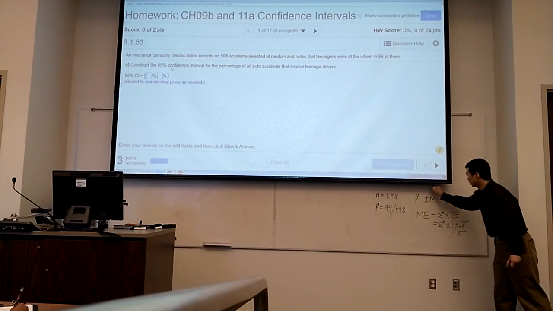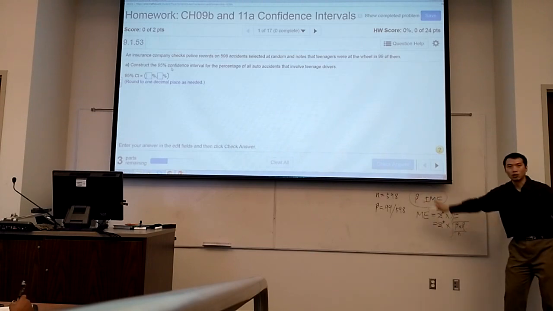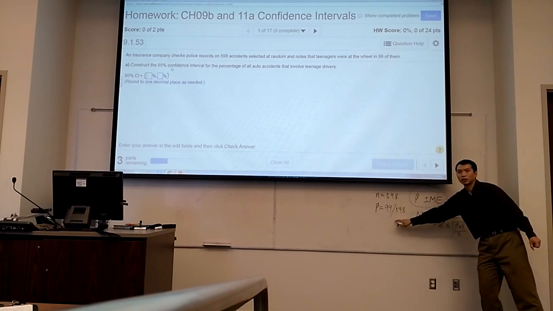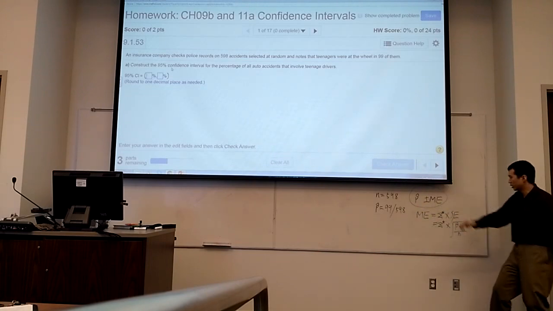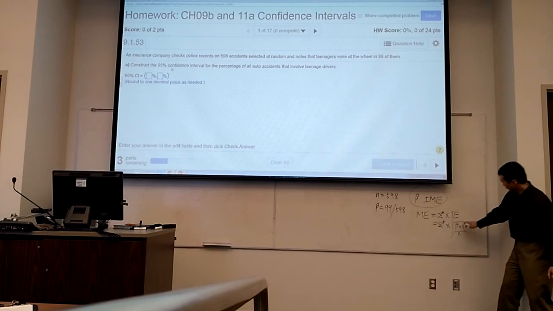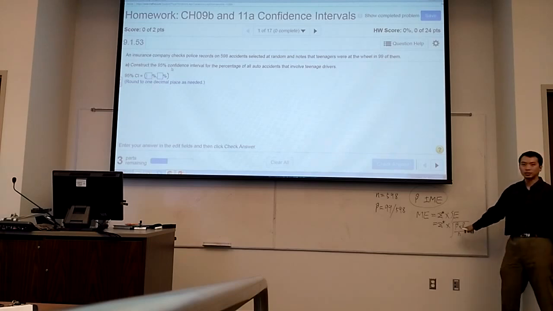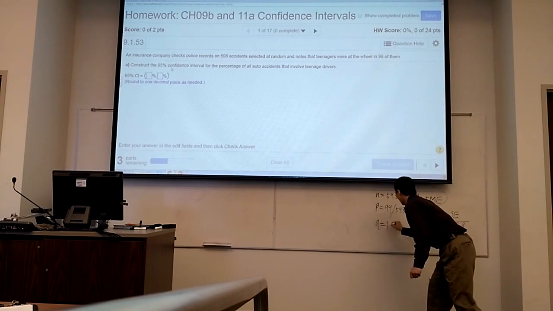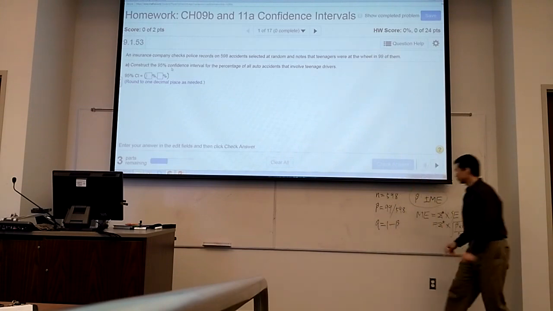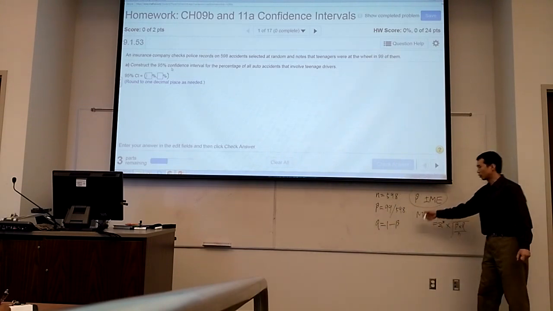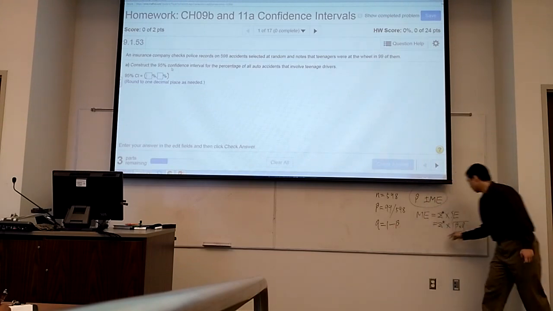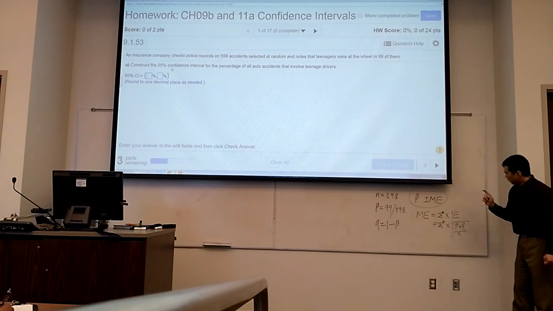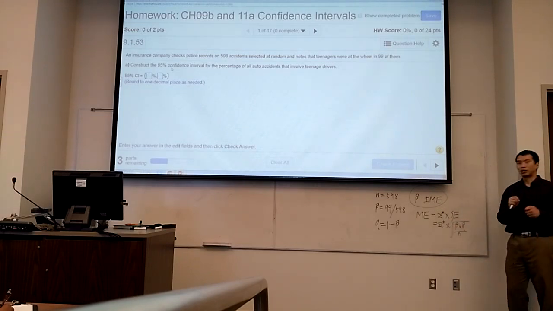That's our goal. We already did the calculation for p hat, our sample proportion. We know q hat is equal to 1 minus p hat, so we can also calculate q hat. The only problem is the z star.